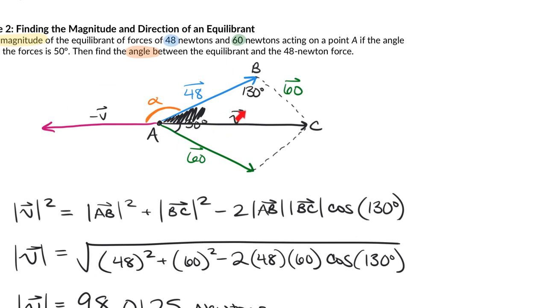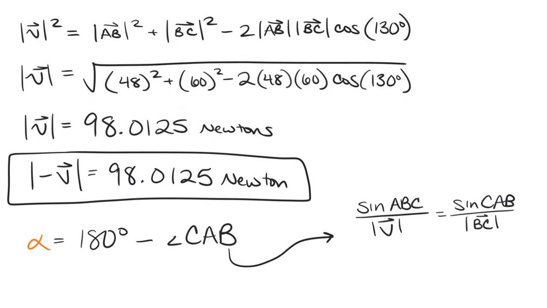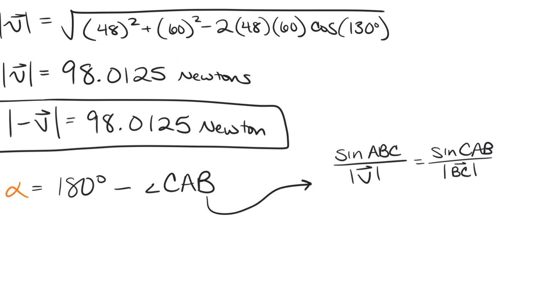When I use the magnitude of vector V, what is the name of this angle? Give me three letters. ABC. That's why I used ABC. That's my pair. And then for CAB, what's across from CAB? What two letters? BC. So we're using geometry terms and geometry formulas because we have way too many letters floating around here. We need to know exactly which angle and which side we're talking about.